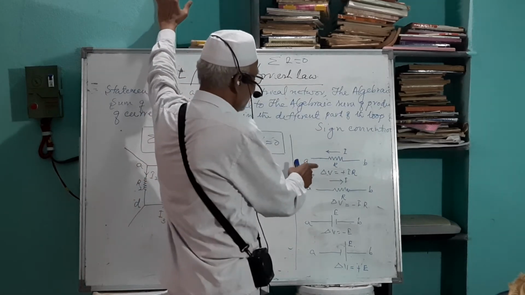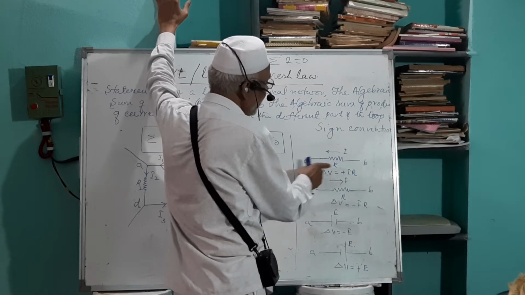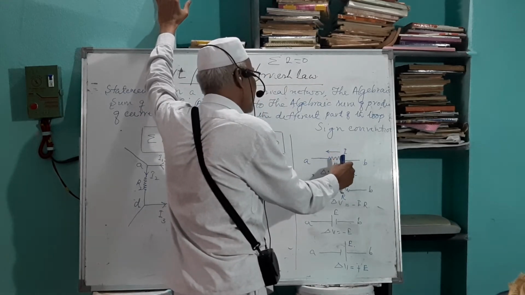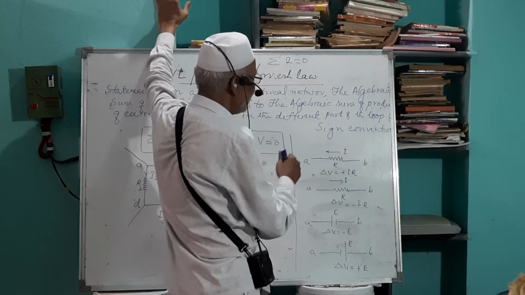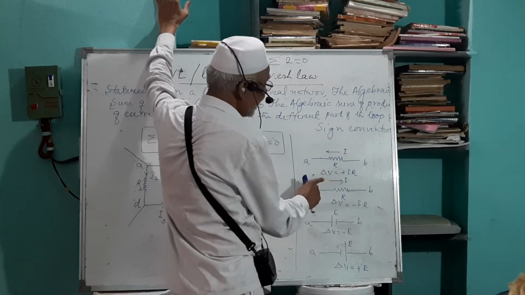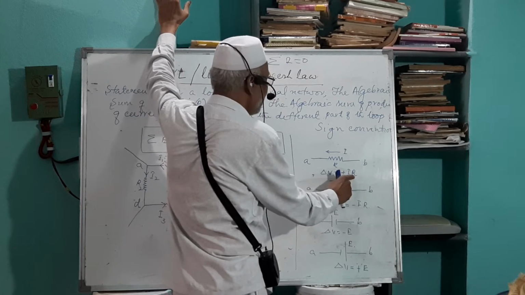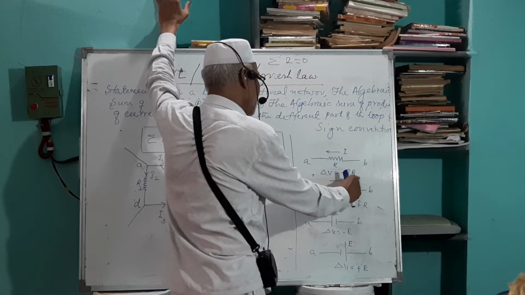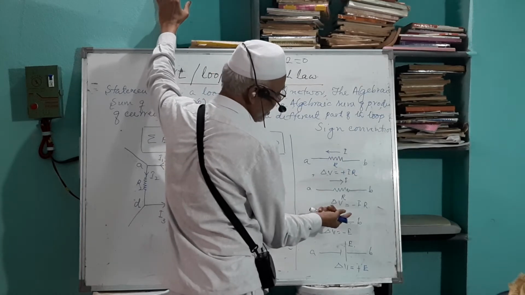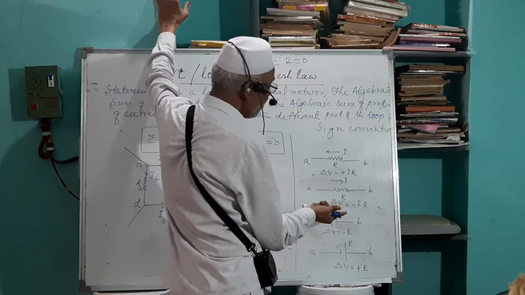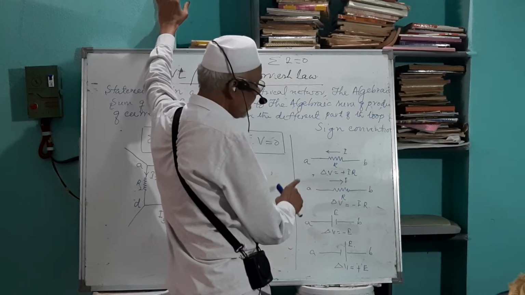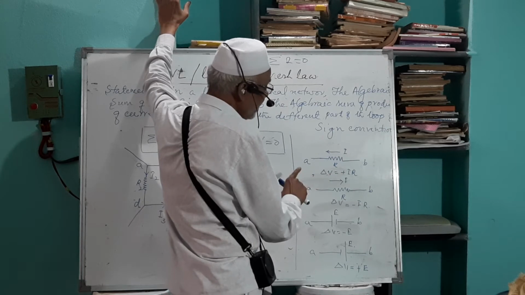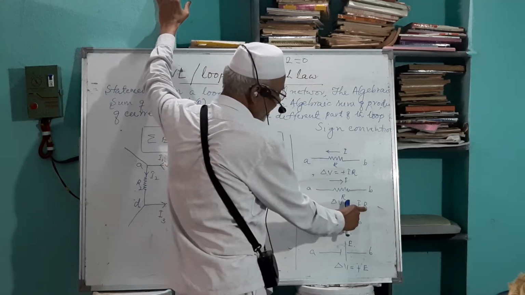Say the mesh is rotating from A to B, but in this resistor the current is moving from B to A, the opposite direction. If it is the case, the IR product is taken to be positive. Otherwise, it is taken to be negative, which means the current and mesh are both moving in the same direction. Then the IR product is taken to be negative.